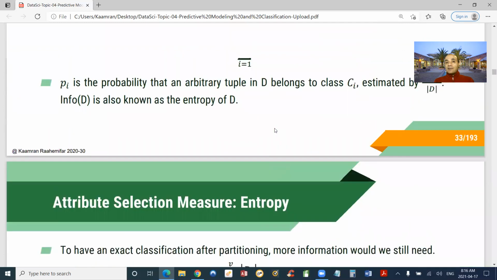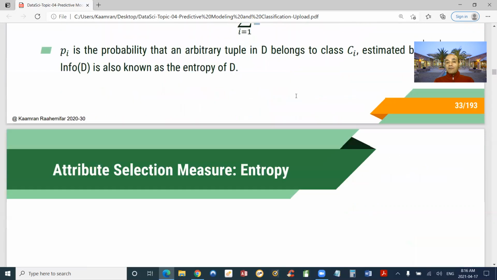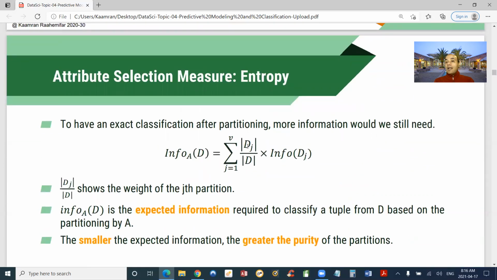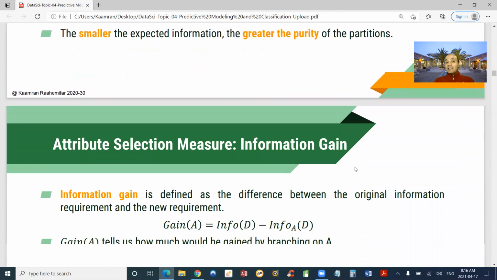Take a look at the fact that Info(D) already has the probability inside, already has the log base 2 of pi, but when we get here, it's going to be against the whole set. Once again, watch for D, watch for C. These two are actually two different items, and the numbers are going to be accordingly different.